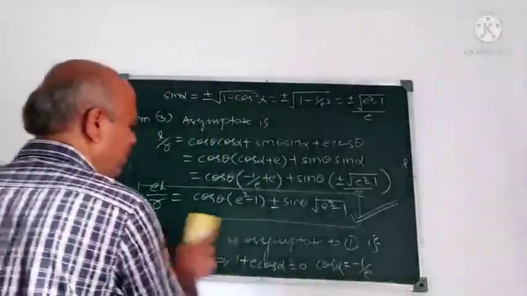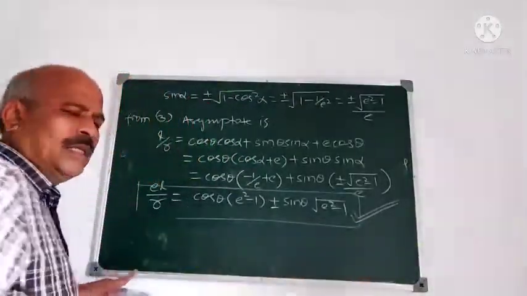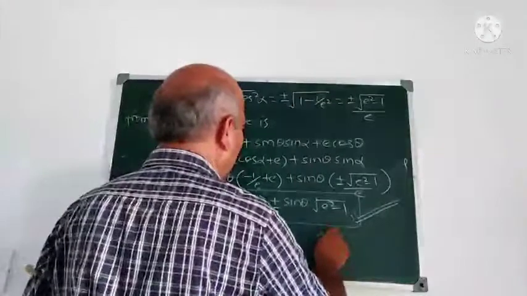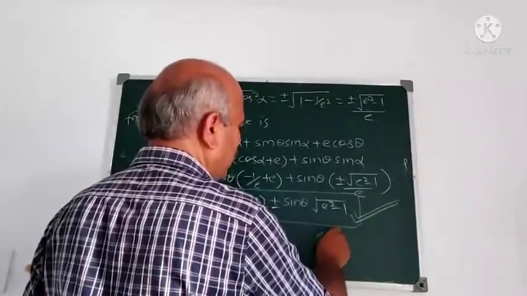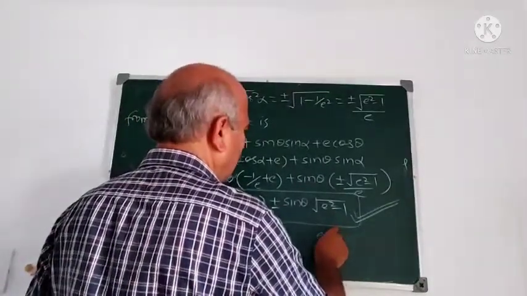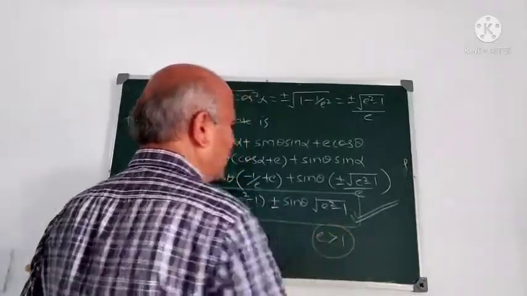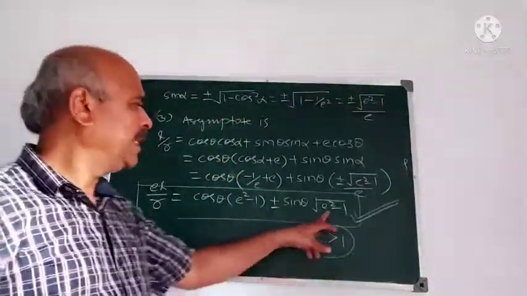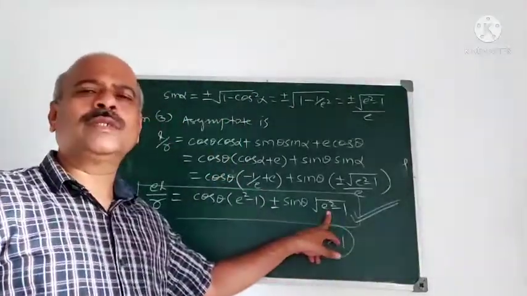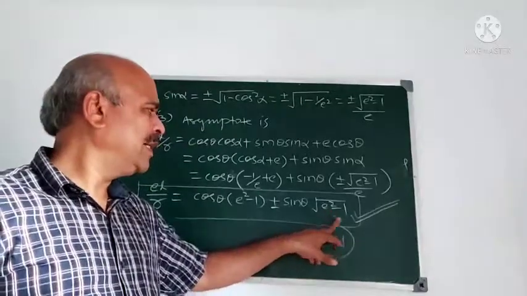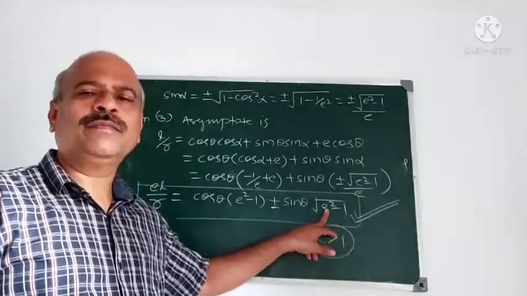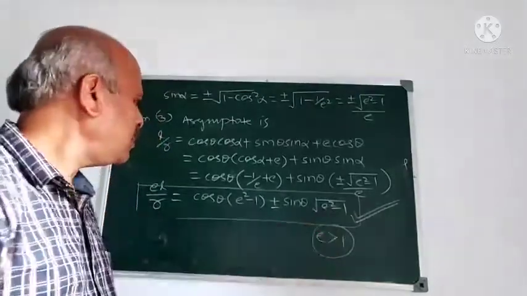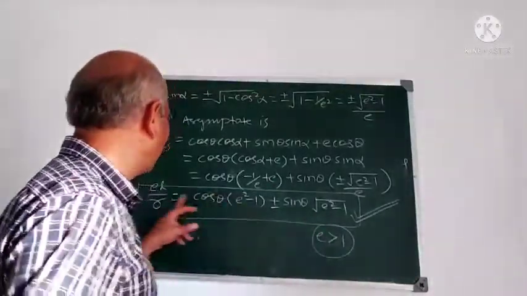Now in this case, what you observe is, suppose E is greater than 1, then only this becomes real, otherwise it becomes imaginary for E less than 1. Therefore, E equal to 1, then what happens?